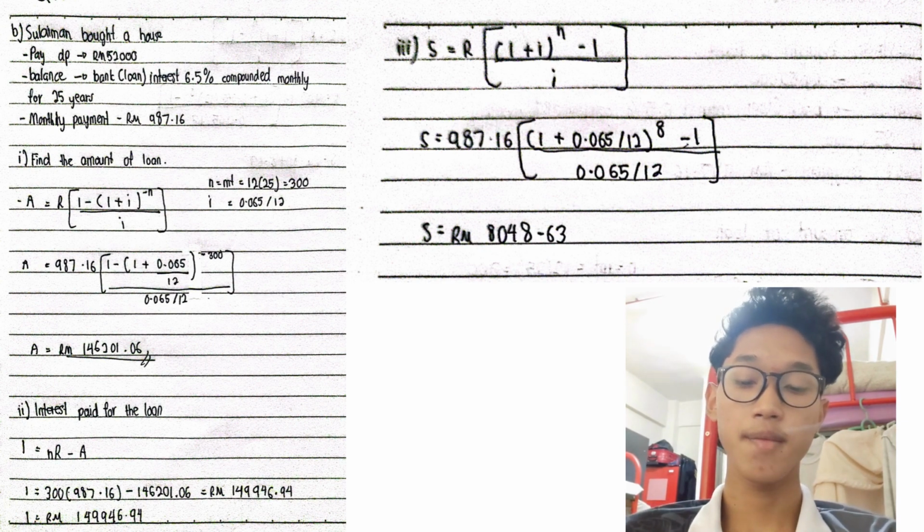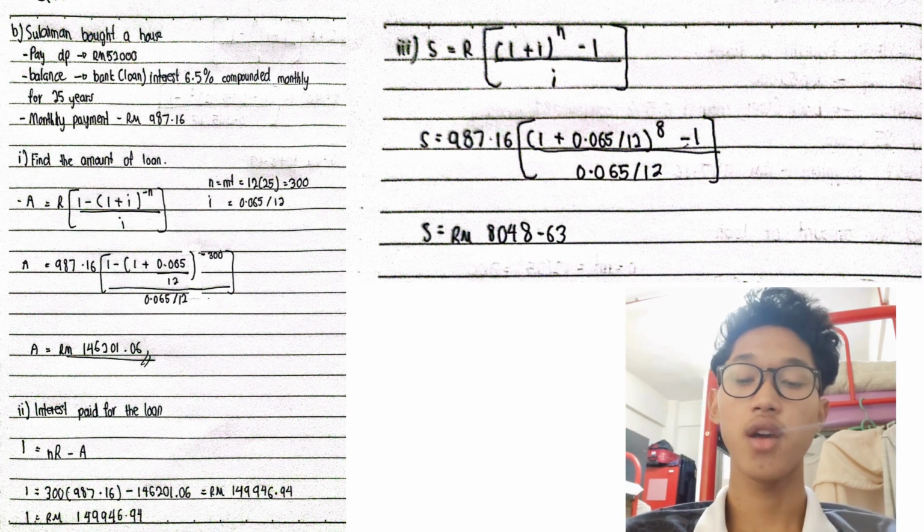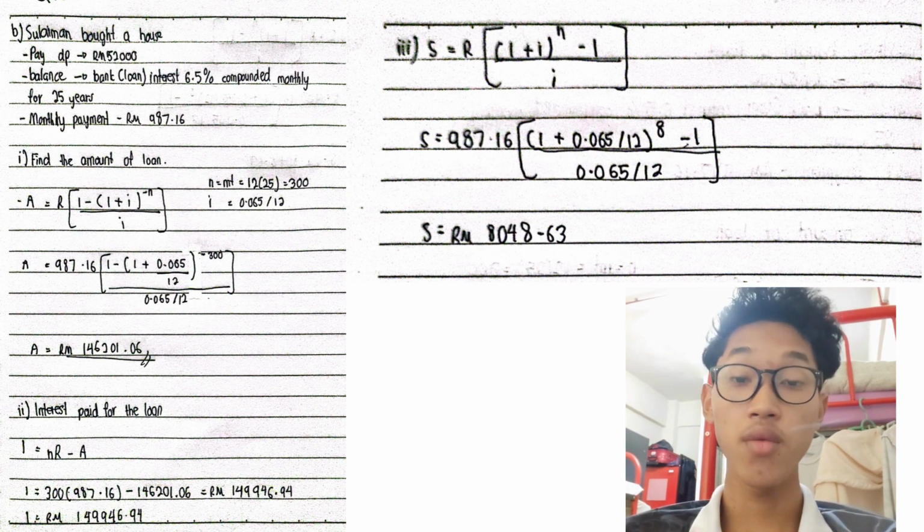We open the bracket, 1 plus 0.065 per 12, and then we close the bracket. We put the power of 8 there because he wants to pay on his 8th payment, and then we minus 1. After that, we will divide by 0.065 per 12. So we will get the answer, which is RM8048.63, which is our answer for S.